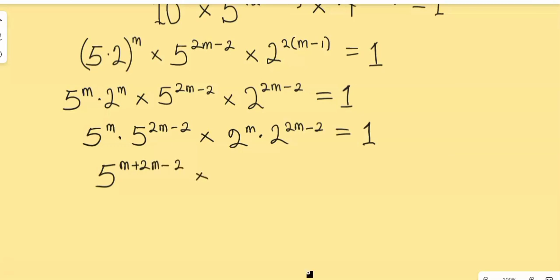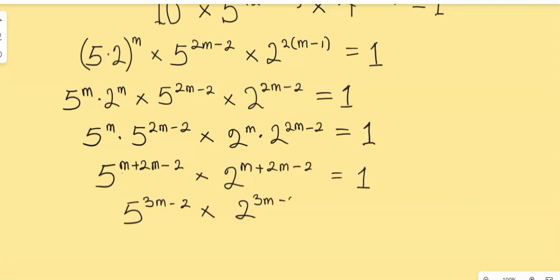Likewise, 2 is their base, so we have m plus 2m minus 2, everything equal to 1. So if we add this together, we shall have 5 raised to the power of 3m minus 2 multiplied by another 2 raised to the power of 3m minus 2, everything equal to 1.